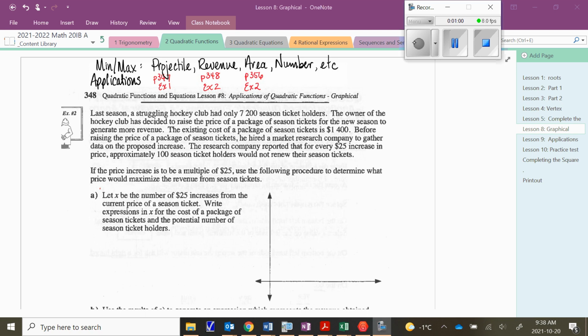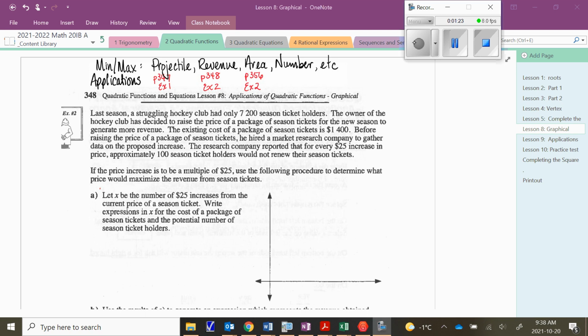Obviously there's a debate as to whether or not you want to lose ticket holders, but if we're strictly looking at numbers and maximizing revenue, then this is a really good look at applications of quadratic functions.